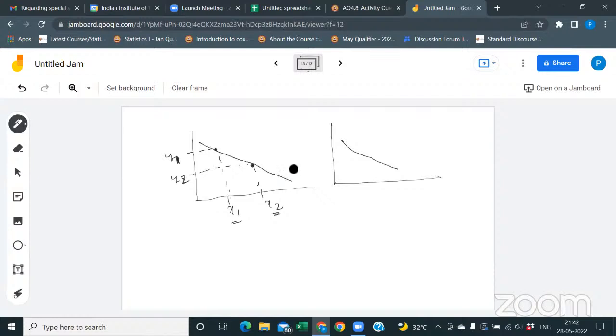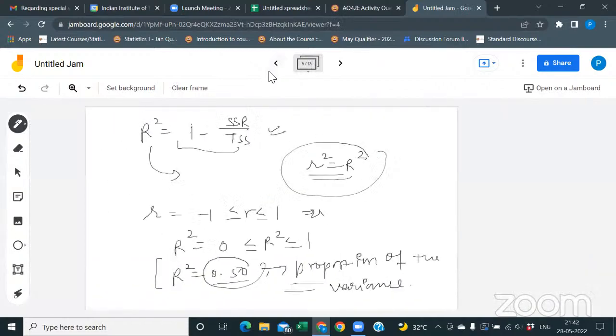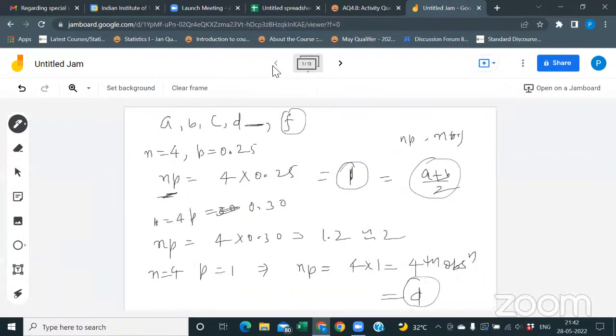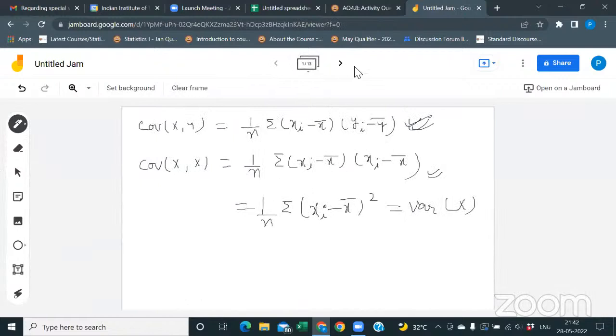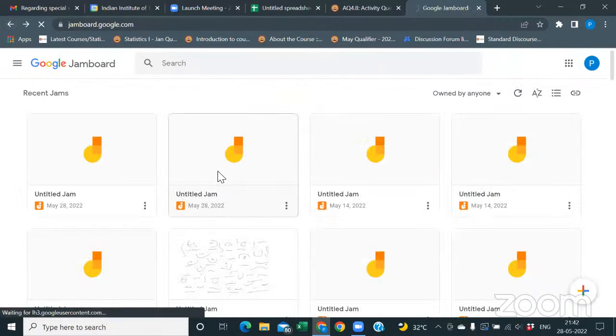Then your correlation is automatically negative, near to -1. I had explained this in the first Jamboard.